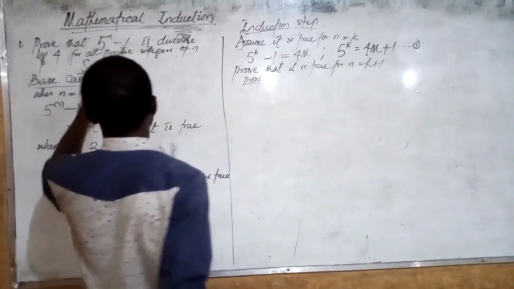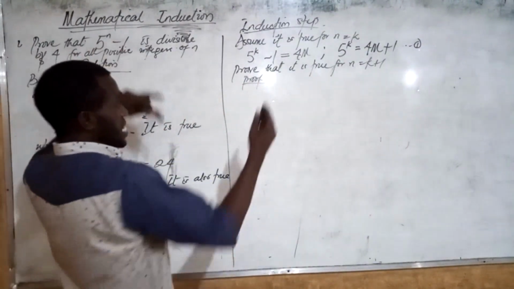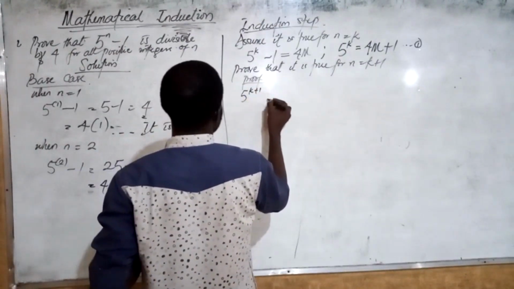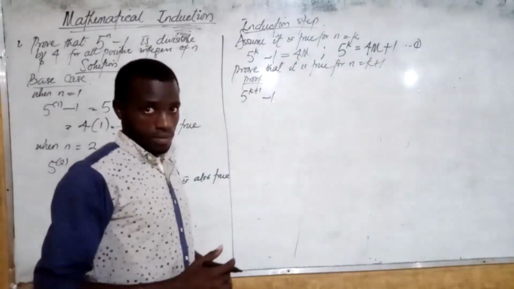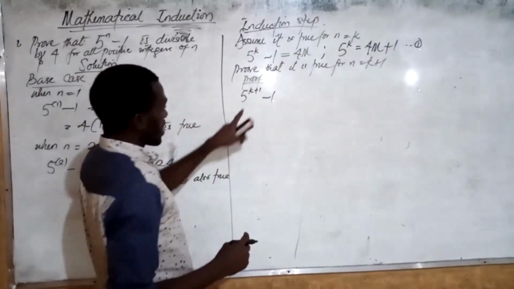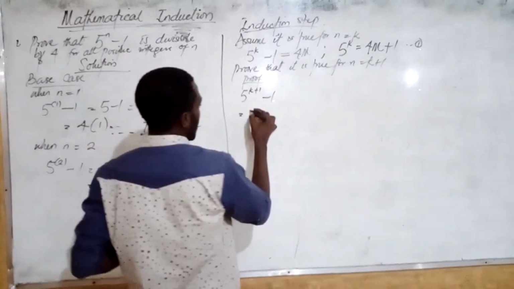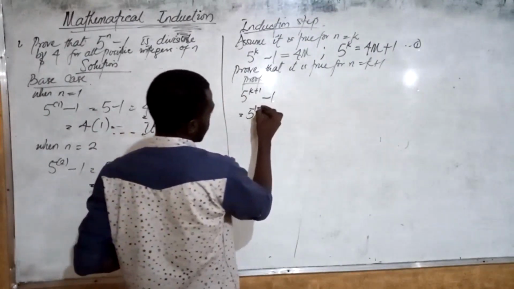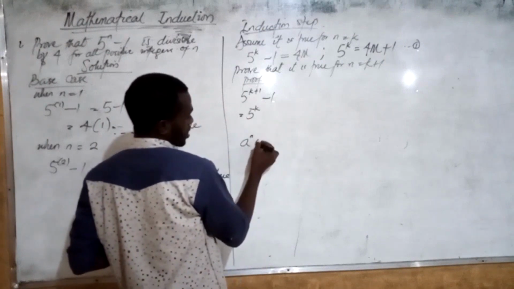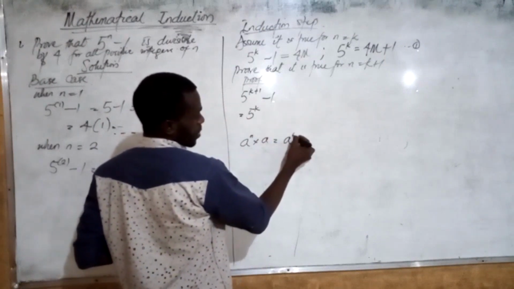Remember that our statement is 5 raised to the power n, so our n is now k plus 1. So we have 5 raised to the power k plus 1, minus 1. Remember that in indices, if it's a raised to the power n times a, it gives us a raised to the power n plus 1.